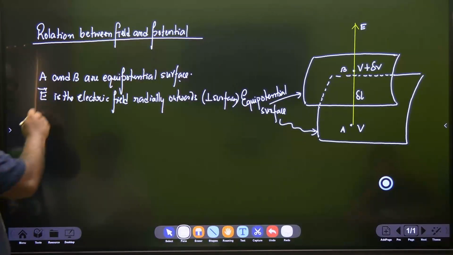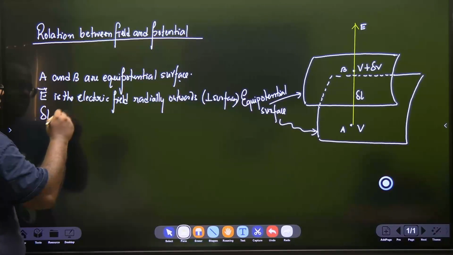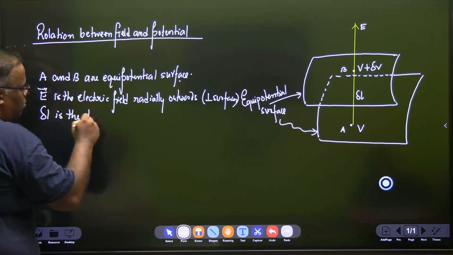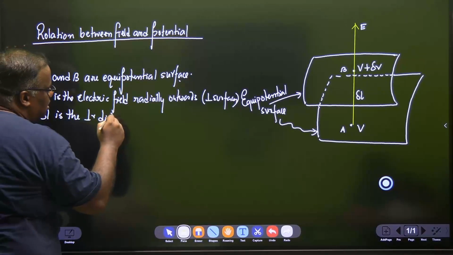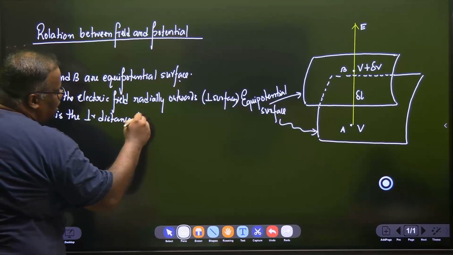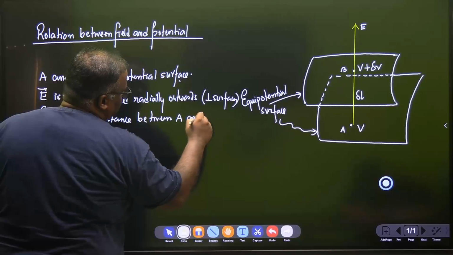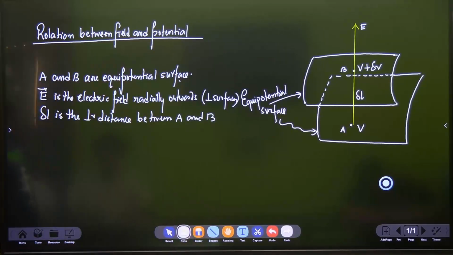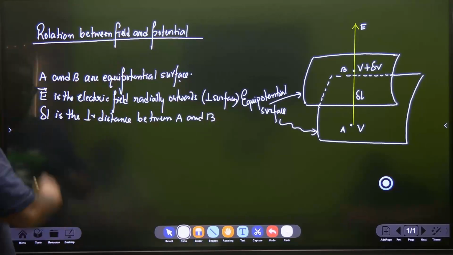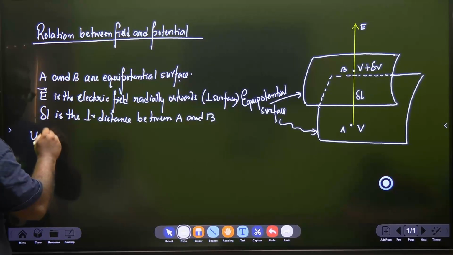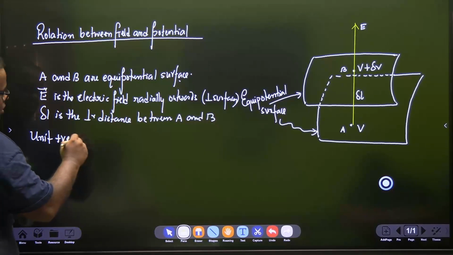Delta L is the perpendicular distance between A and B surface. Till here, correct? Okay. Unit positive charge.